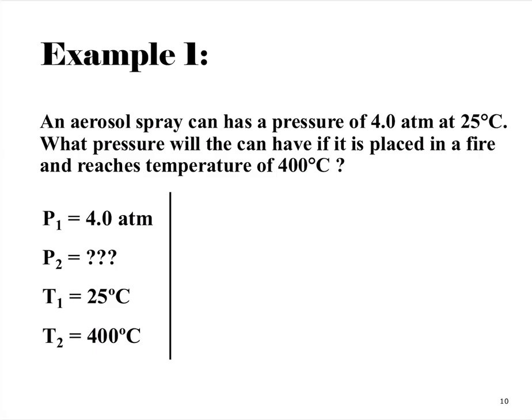If you put a can of hairspray in the fireplace, which you're not supposed to do, eventually the can will blow up. So we're taking something that's originally 25 degrees, and it's going to be 400 degrees as our final temperature. Our equation for Gay-Lussac's law was P1 over T1 equals P2 over T2. Which pressure goes with P1 and T1 here?